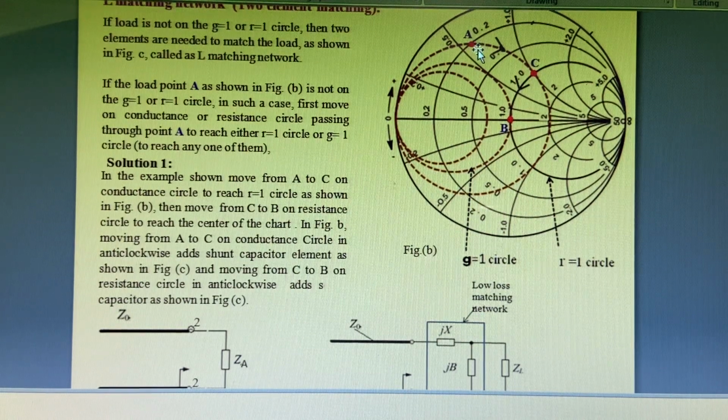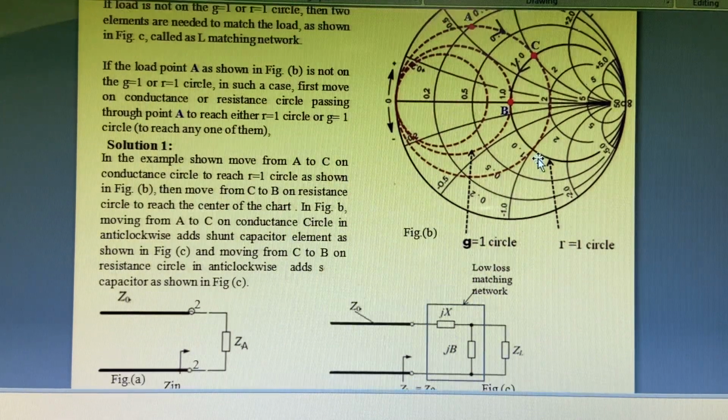So solution one is moving from A on the conductance circle and reaching C, that is the R equal to 1 circle. So from A to C adds one element, that is a shunt element in this case, and it is a capacitor. Again from C, which is now on the R equal to 1 circle, you move to the point B, the center of the Smith chart.